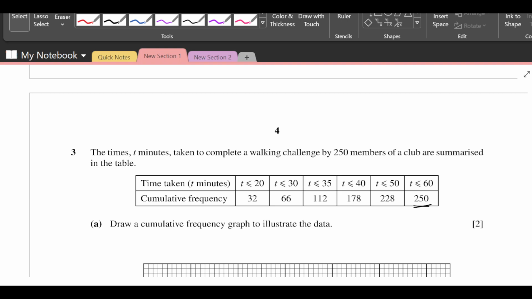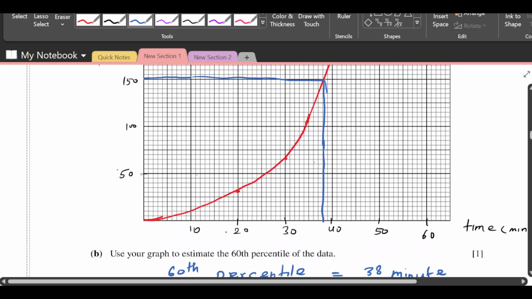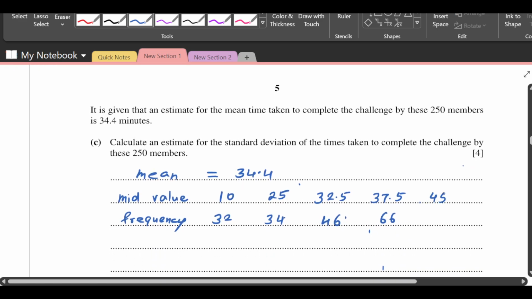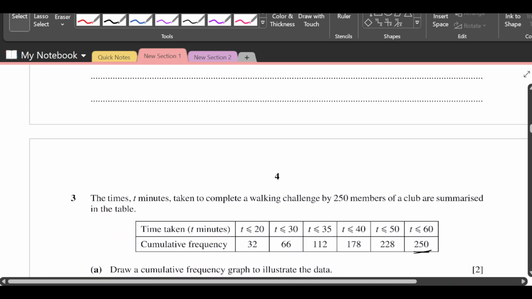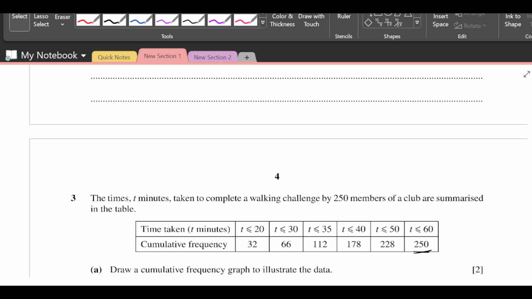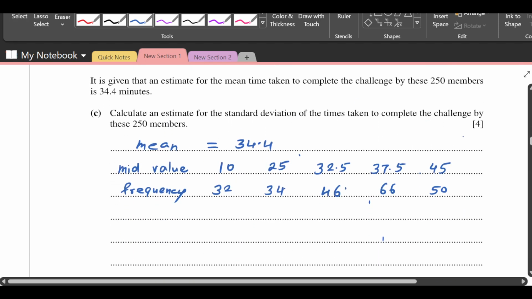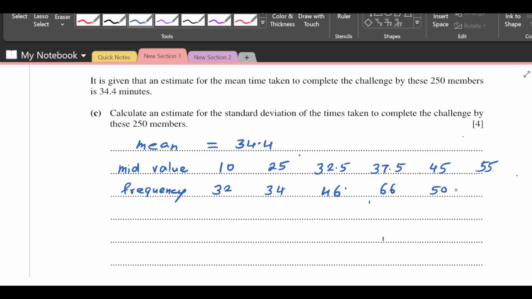Then 50 to 60 is 55. For 55, it is 250 minus 228, which is 22.